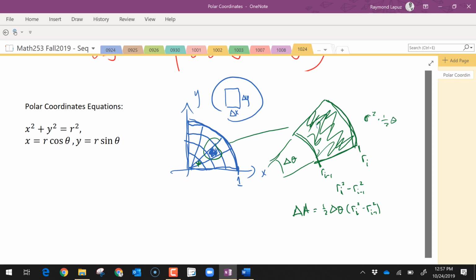Okay. Look at the thing in parentheses. What can you say about it?